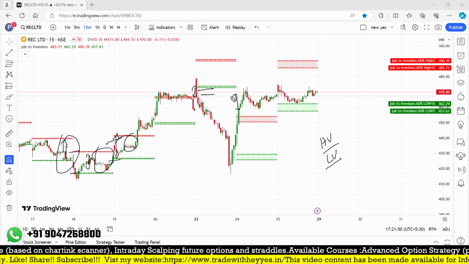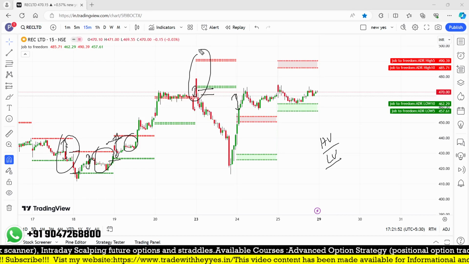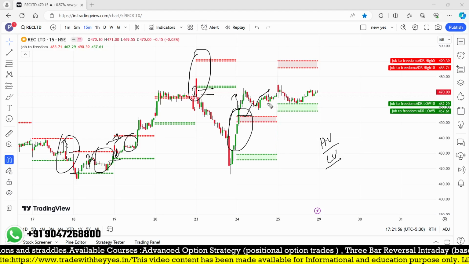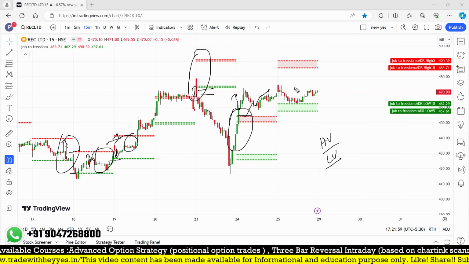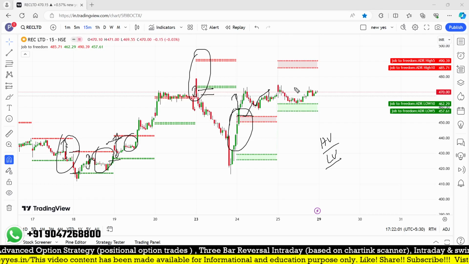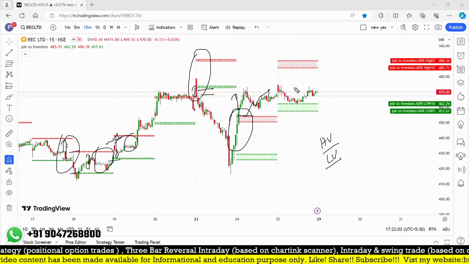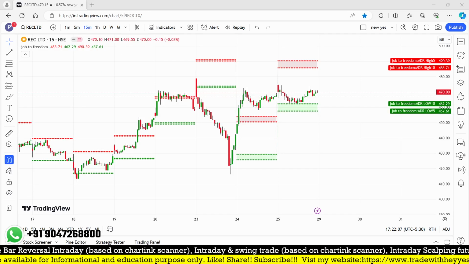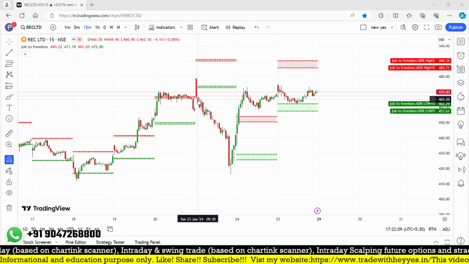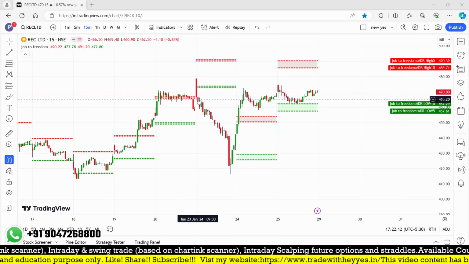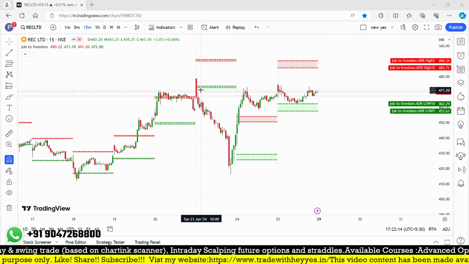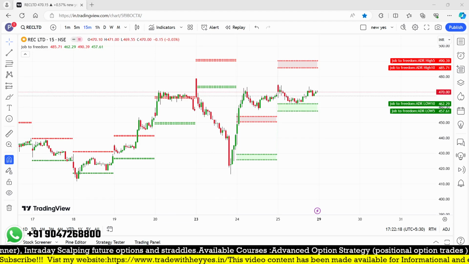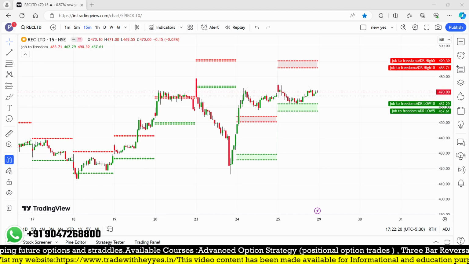So I'm just reading that and I want to create such a pattern. Once it happens, and if it gives you a breakout, there is a good movement on the same day itself, but that level is not valid for the next day, though we can use it for both breakout and breakdown. So in this video, let me try for a reversal, a selling opportunity, where the previous day is greater than the entire ADR of the previous day, so that we can create it in the charting scanner.